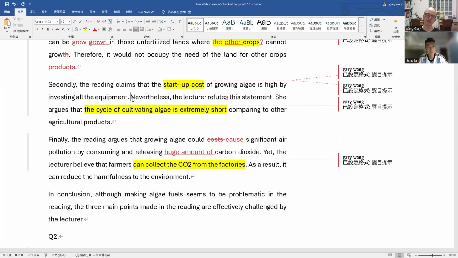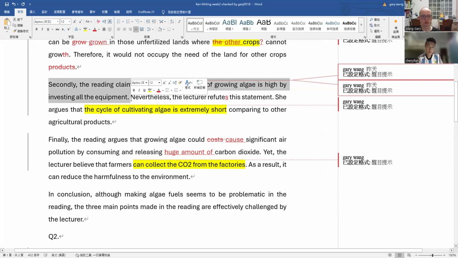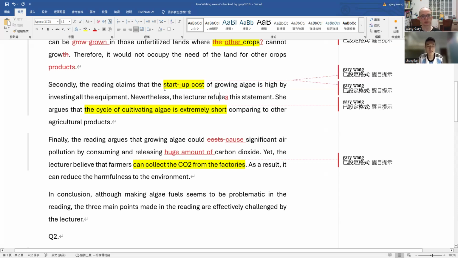What do you mean the cycle of cultivating algae is extremely short? Because the process of growing algae is short, you can harvest more and more times. But what was the point here? The point here is about startup cost, right? So maybe it can earn the money faster, so it covers the cost.